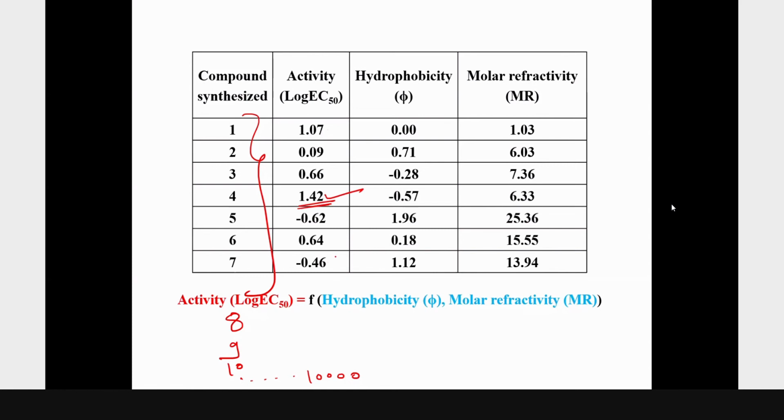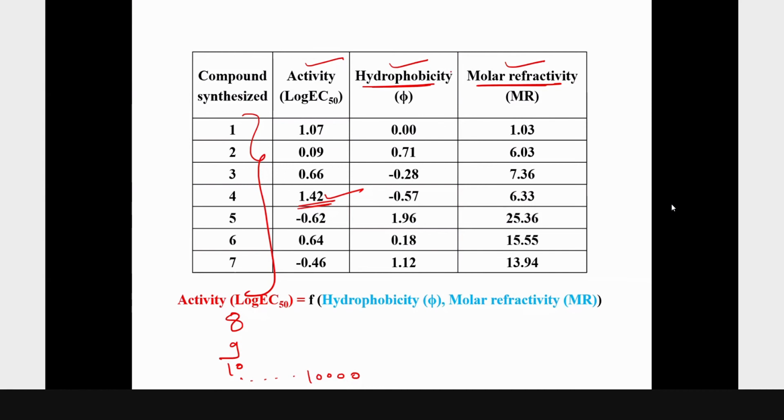Okay, about activity. Now these are the descriptors, for example hydrophobicity or molar refractivity. These are the values of hydrophobicity for the different compounds you have measured. Now also consider that these values have also come from the experimental studies. Both the activity and the molecular descriptors that you are interested in have come from the experimental studies.